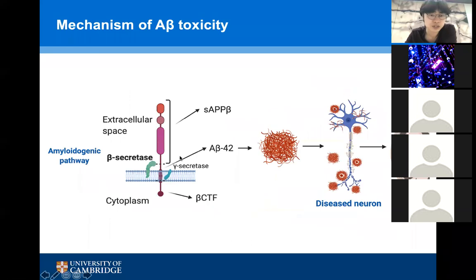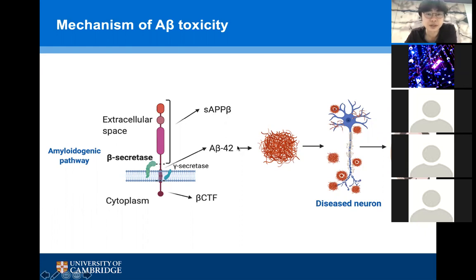I would just want to say a few words about how this amyloid beta toxicity occurs in humans. There's this amyloidogenic pathway that leads to the accumulation of toxic amyloid beta. Very briefly, there's a beta secretase and a gamma secretase that cleave this amyloid precursor protein.